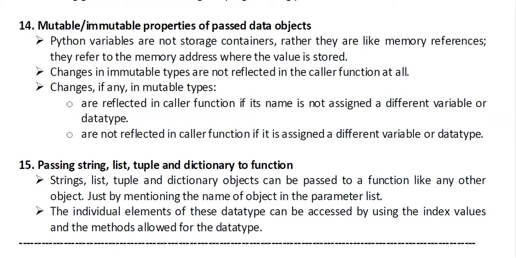If you pass a string to a function, then all the functions that are allowed on strings will be allowed in the function definition. Similarly, if you pass a list, a tuple or a dictionary, all the functions allowed on them will be allowed in that function. Using those functions, you can access the elements or change the elements if allowed.